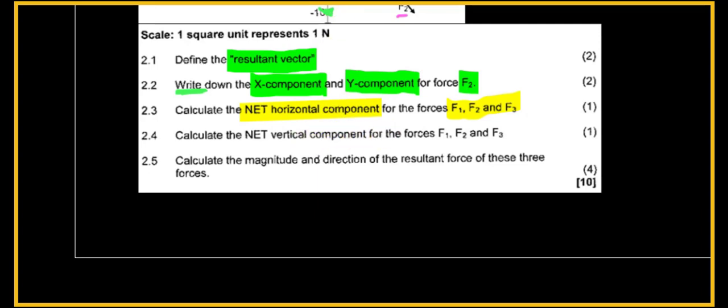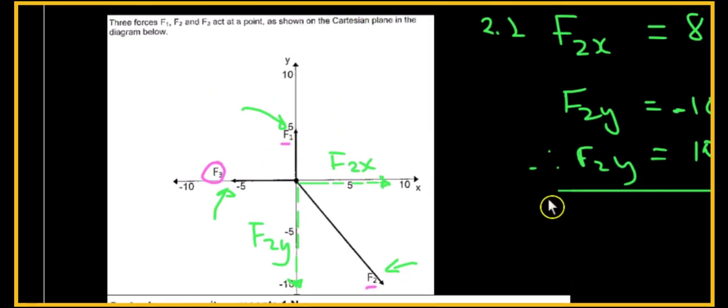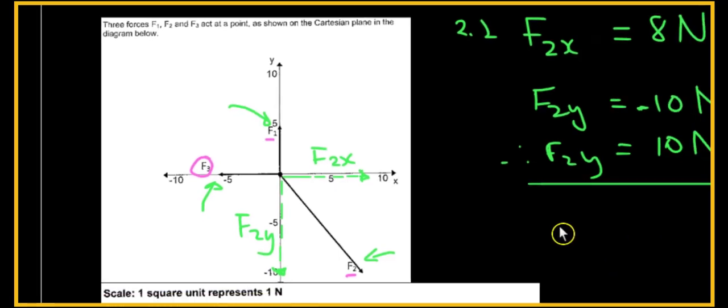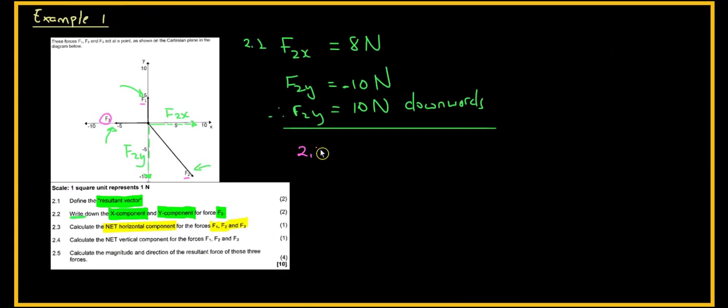We must add the x component for F3, the x component for F2, the x component for F1, and combine them together. So 2.3, I would say Rx, you can say Fx if you want. Rx is equal to F1x plus F2x plus F3x.